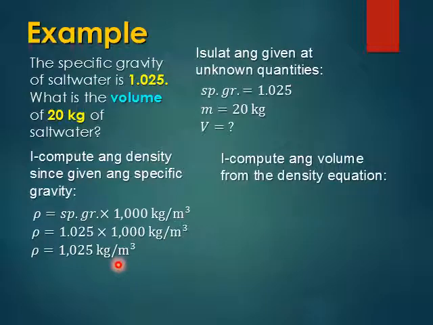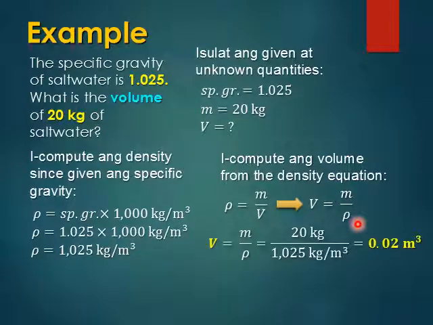And then, para ma-compute naman yung volume, gagamit tayo ng density equation. So, we know that the density is equal to mass over volume. Kaya, para ma-solve ang volume, anong gagawin? Simple lang, paglilipatin lang natin ng position si density at si volume. So, we have this. Ayan, volume is equal to mass over density.